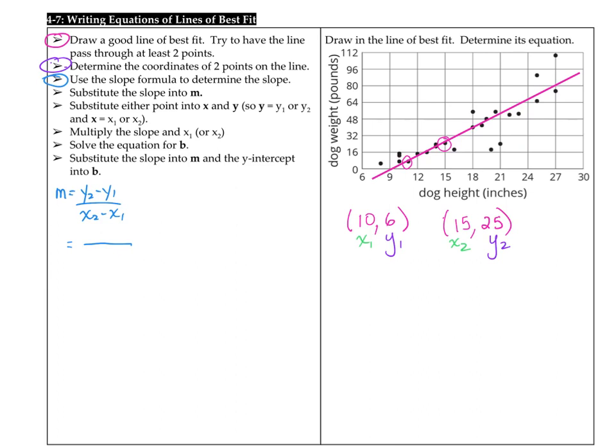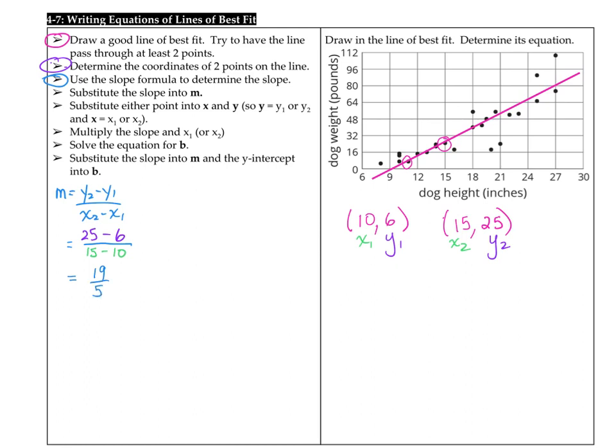So for your y's, it's going to be about 25 minus 6. And for your x's, it's going to be about 15 minus 10. And that's going to equal 19 over 5.